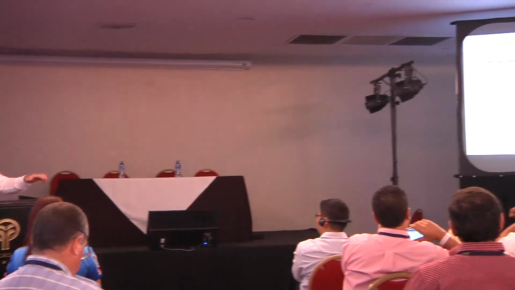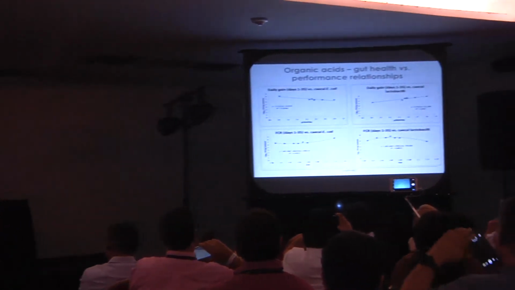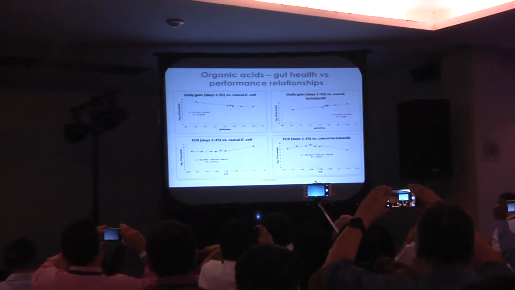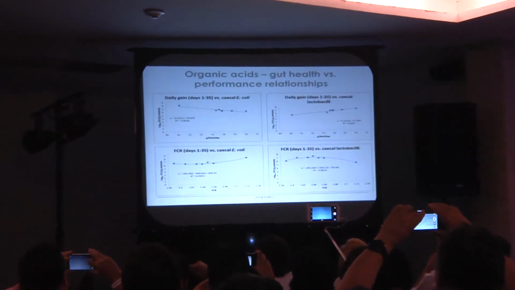You might think that's not too exciting, but what I find interesting was that if you then plot FCR, and I've expressed the linear part, we see a curvilinear relationship between cecal E. coli and FCR. And you might think, well, what's so interesting about that? But if you then plot the data again for cecal lactobacilli versus FCR, we again see a curvilinear relationship.